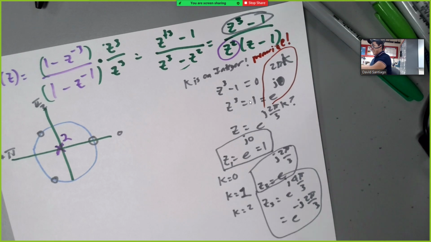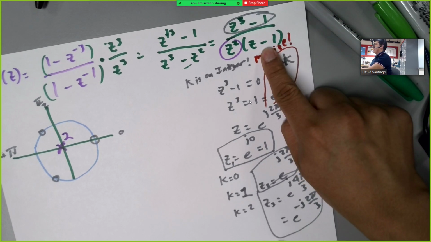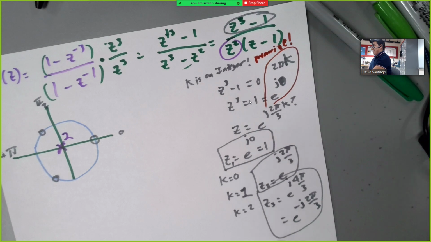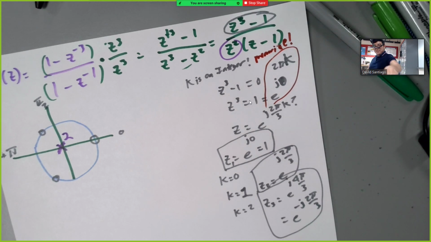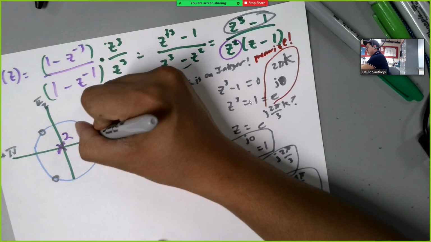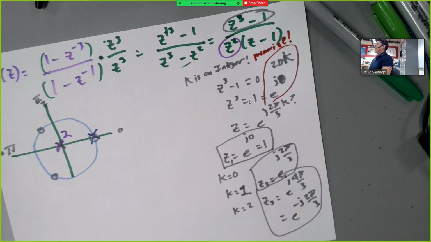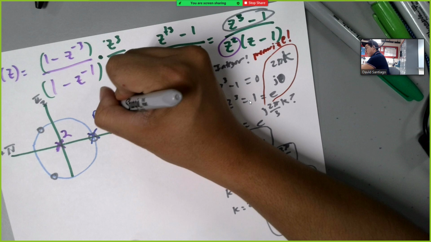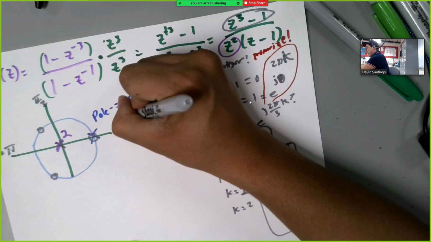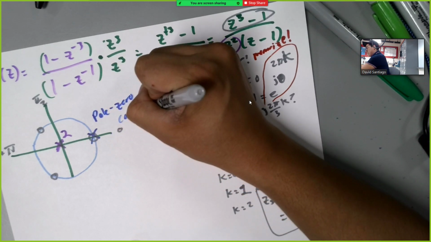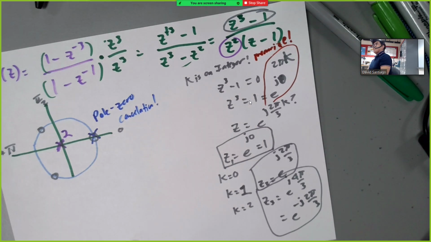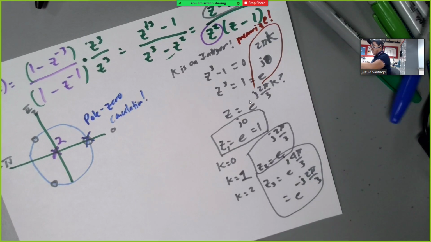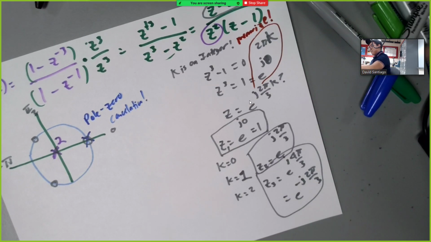Okay. And now how do we determine this z minus 1? That's easy. That means z's got to equal 1, which means, aha, wait, let's use the blue one. Oh, look at that. We have a pole-zero cancellation. So if you wanted to make this look cleaner, let's grab the green marker.